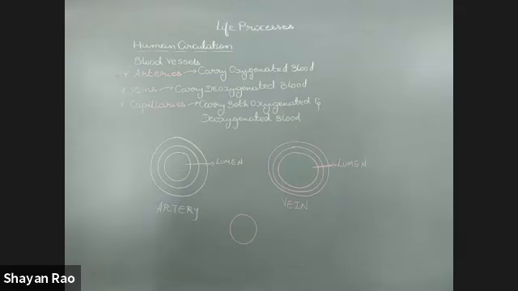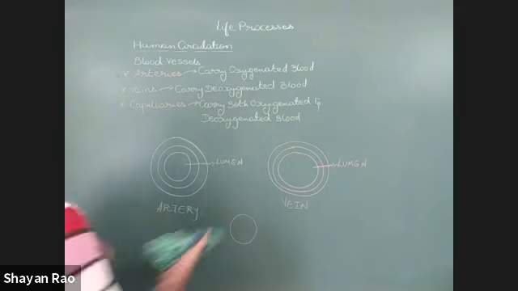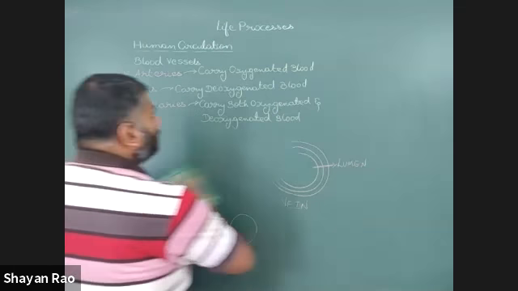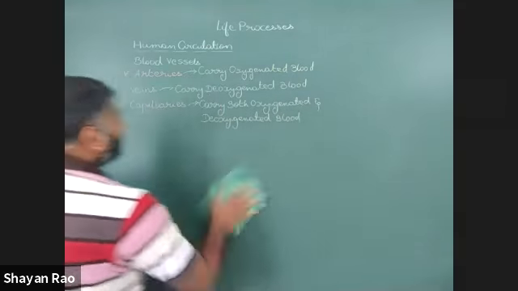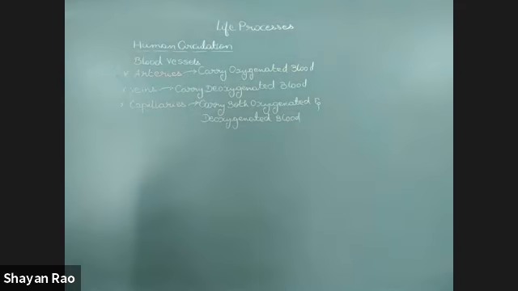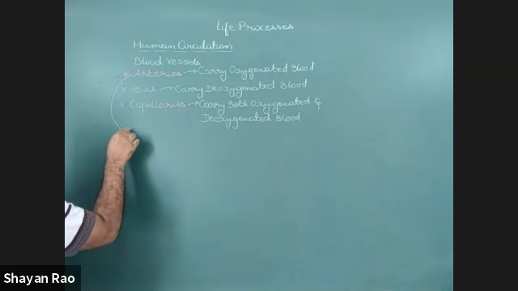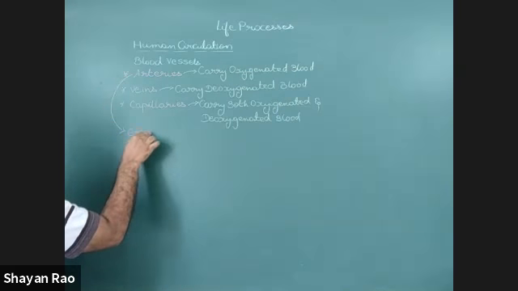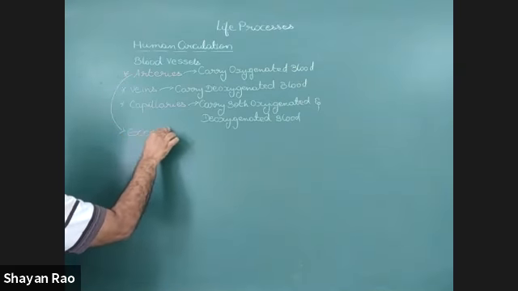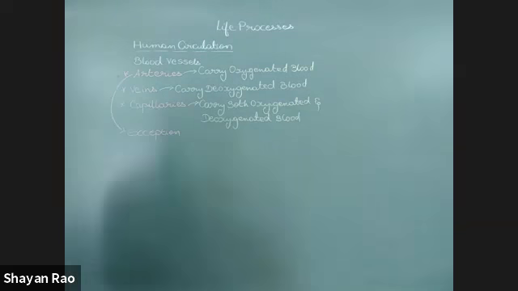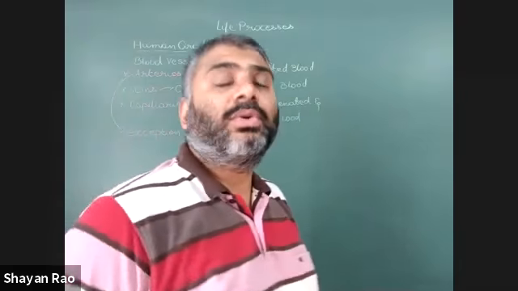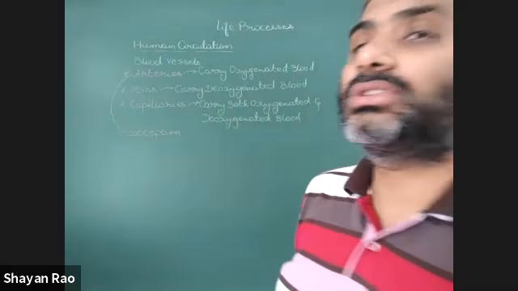Now, when we talk about the blood vessels, we say arteries carry oxygenated blood, veins carry deoxygenated blood. Now, there are a few exceptions in that. Arteries, exception. What is the exception? There is one artery which is going to carry deoxygenated blood.